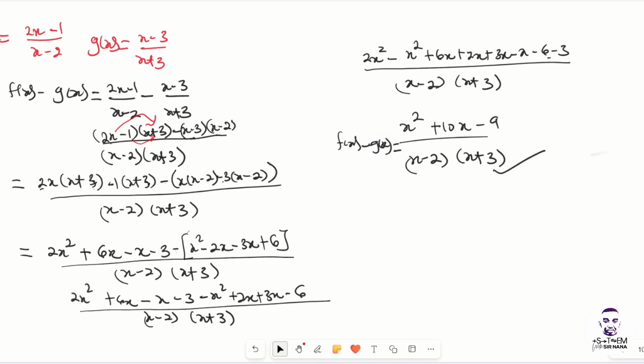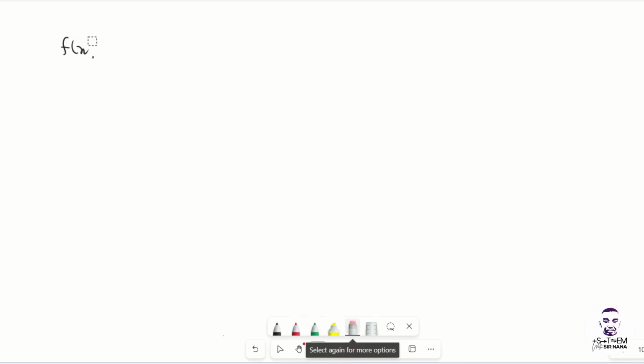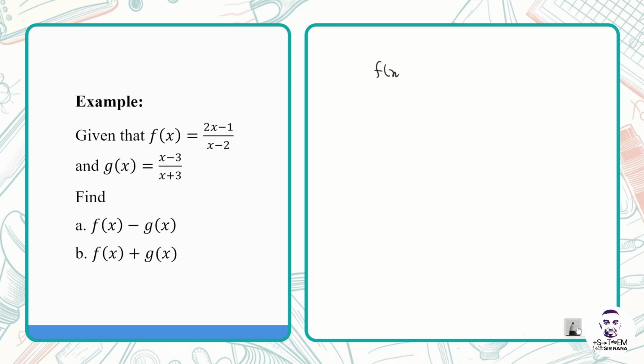So we see in the second part of the question, we have to simplify f of x plus g of x. So f of x plus g of x. So this implies that we are going to have our f of x, which is 2x minus 1 all over x minus 2, then plus x minus 3 all over x plus 3, right?